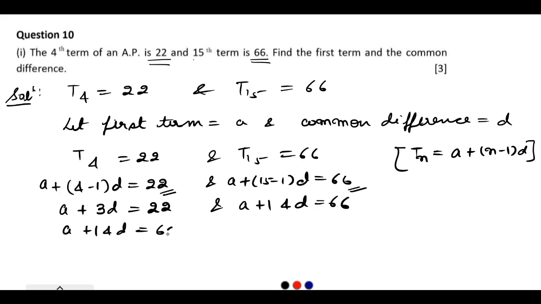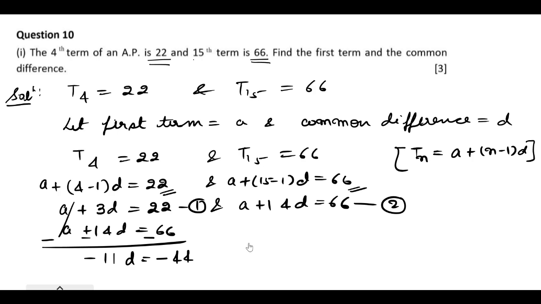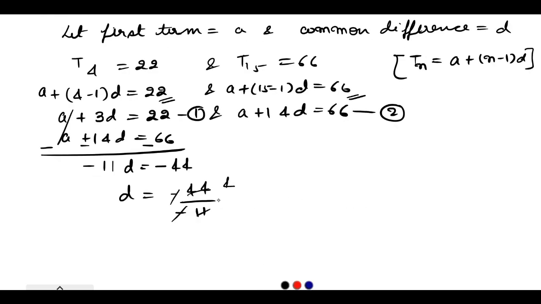Now we are subtracting these two equations. This is equation 1 and this is equation 2. Value of D is 4. Now substitute this value either in equation 1 or in 2.